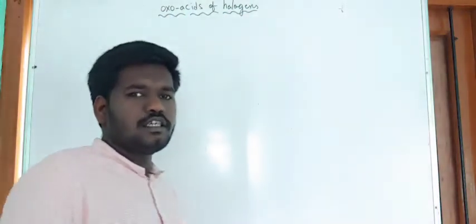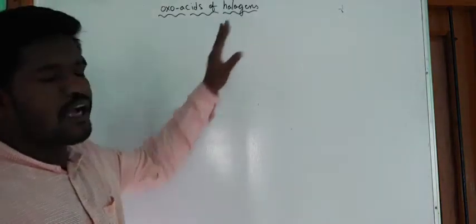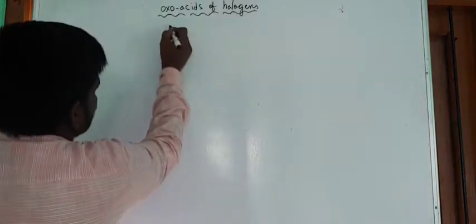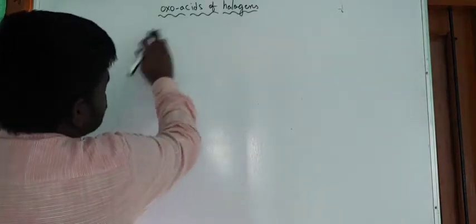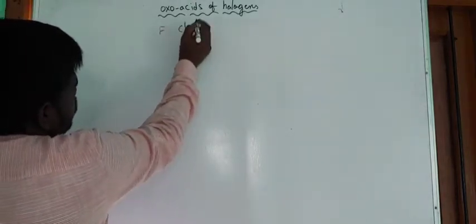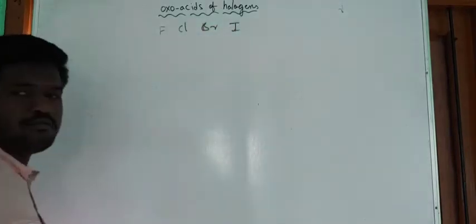Hi students, in this video class I am going to teach you about oxo acids of halogens. So right guys, you know halogens are fluorine, chlorine, bromine, and the next one iodine.